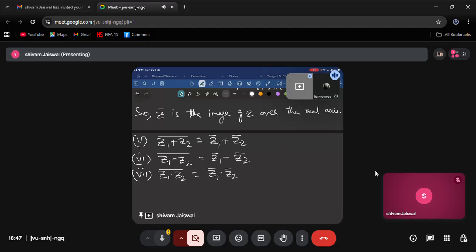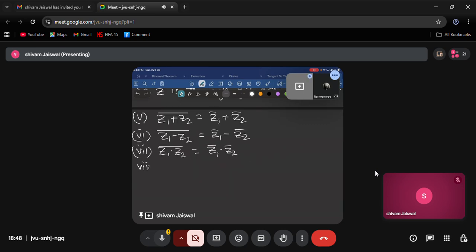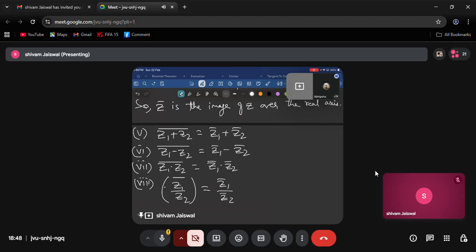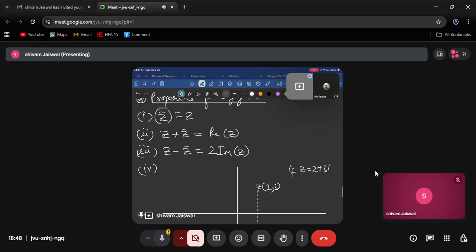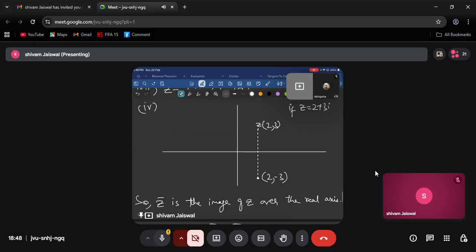If anyone needs the proof, you can ask me, although I think you people are capable of doing the proof. But still, if you need the proof, let me know. Next. z1 by z2 whole bar will be equal to z1 bar by z2 bar. Remember. Sir, can you show the property once? Which one? Property 1? Yes, sir. Okay. Thank you.